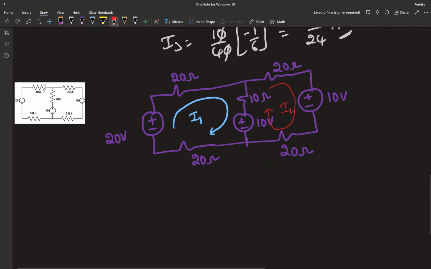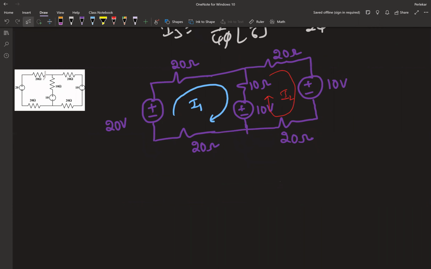So when I say loop, that indicates that if you take the first loop, the current passing through this outer branch is I1. In this outer branch is also I1. But when it comes to the middle branch, from one loop I1 is coming down, from another loop I2 is going up.